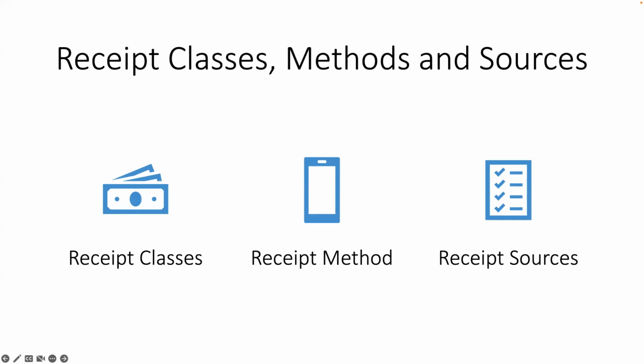So all this determines the receipt sources. The core of the setup for receipts, if you're going to be using auto receipts, which is what a lot of companies would use, is based on how to apply those receipts.